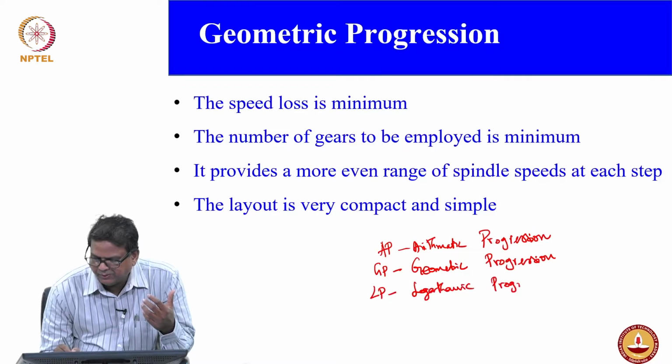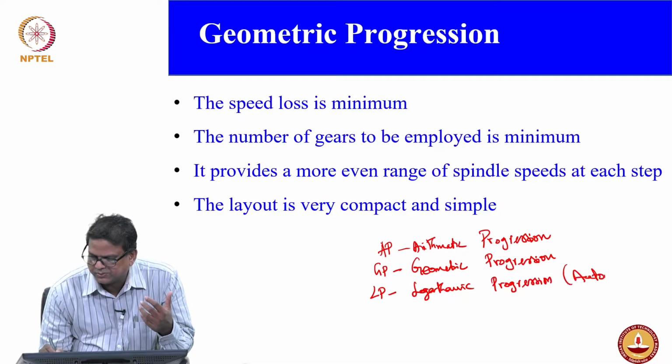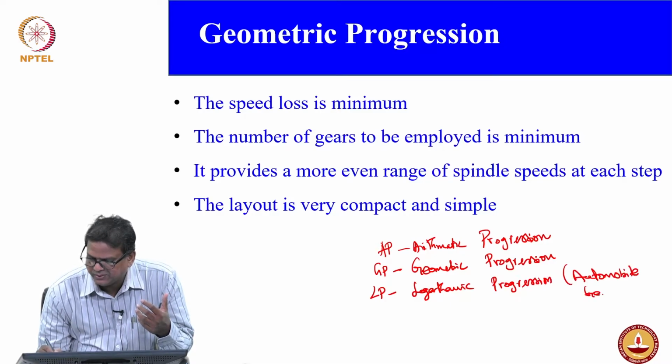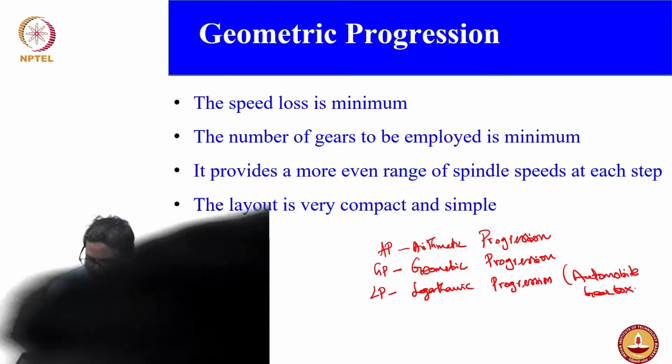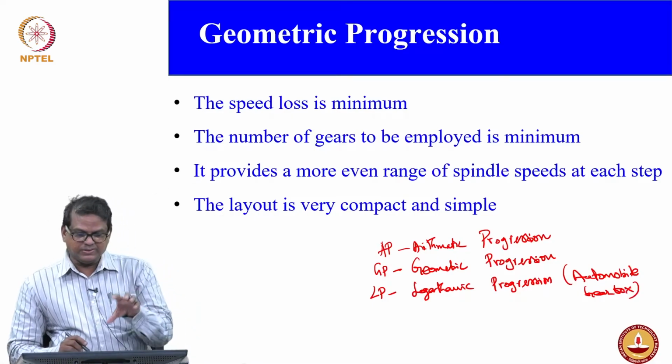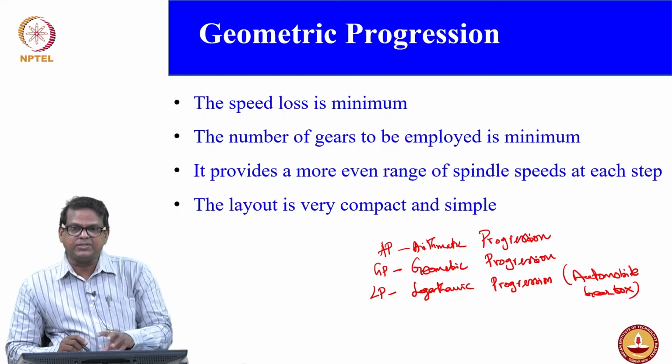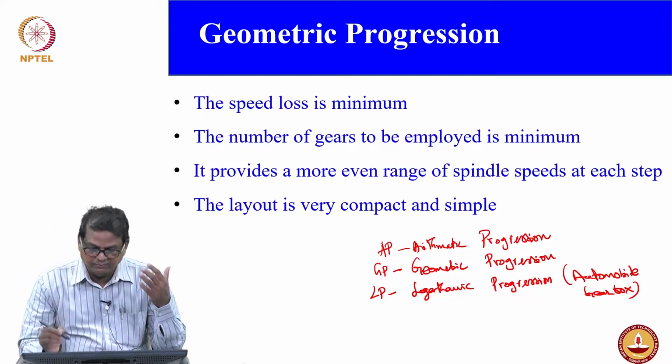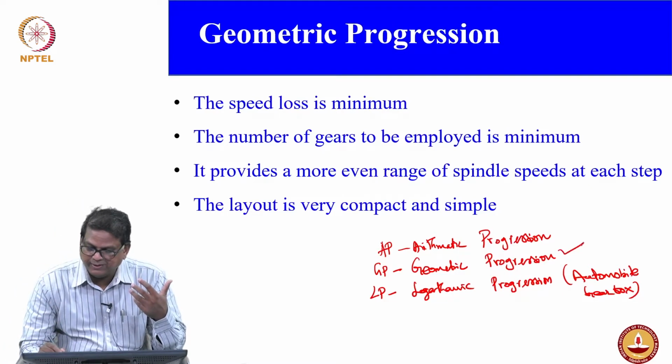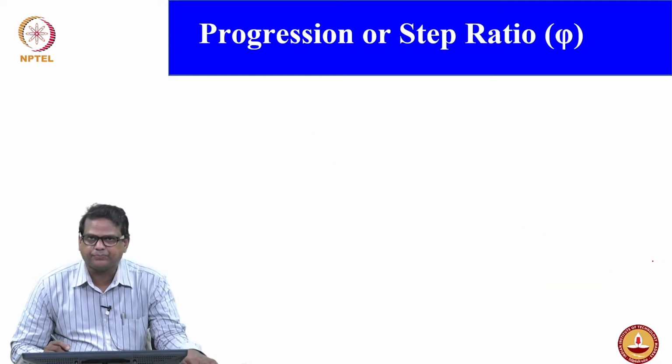The logarithmic progression is extensively used in automobile gearboxes. We will discuss the reason for that. So these are three different progressions. Among them, usually preferred are geometric progression and logarithmic progression.